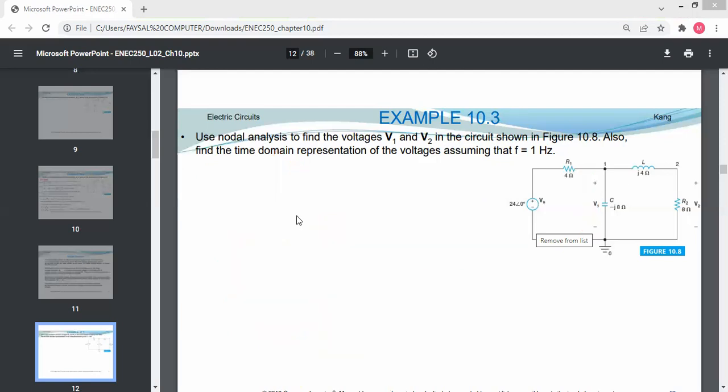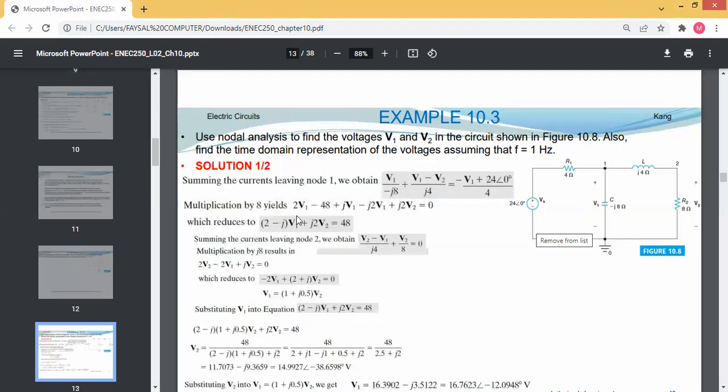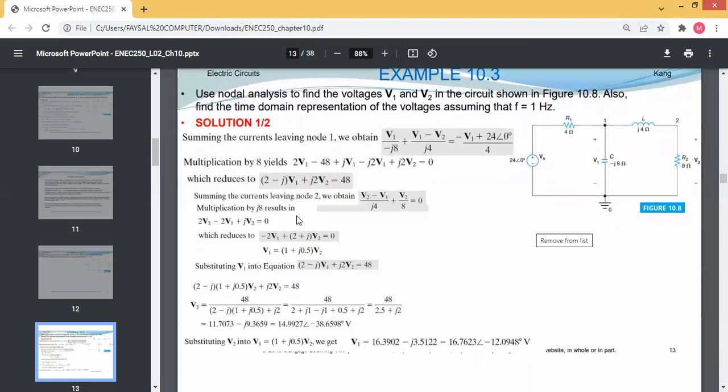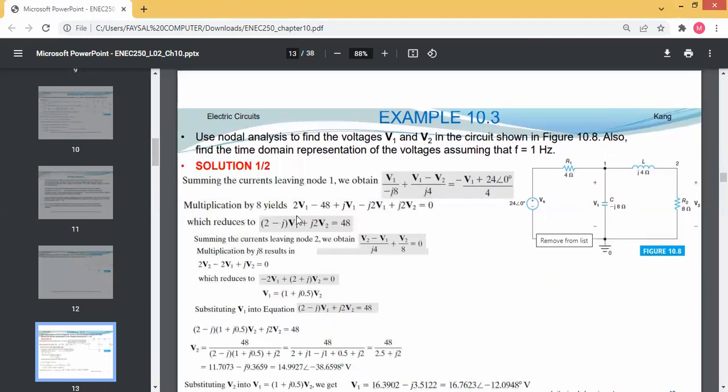Now moving towards the solution. For the solution, we have to sum the current for node 1 first. So where is node 1? This is my node number 1. I have to sum all the currents leaving node 1.